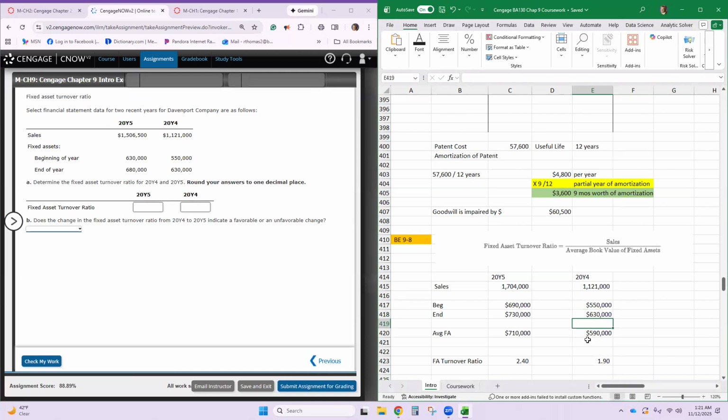Now we need an average of those fixed assets, and then we're going to take sales divided by the average fixed assets. So then year 4 gets 1.9. Now let's do this side.